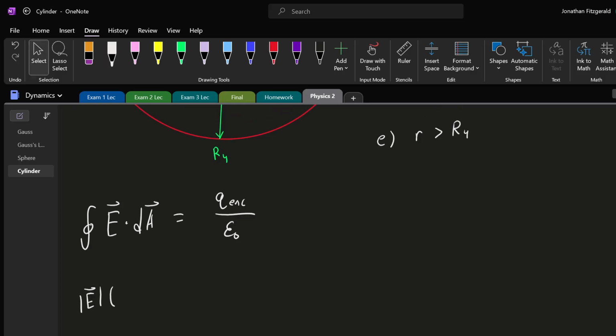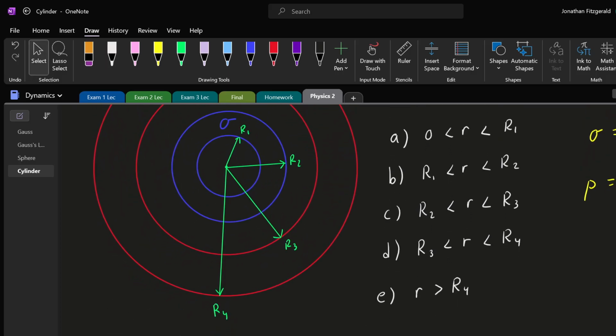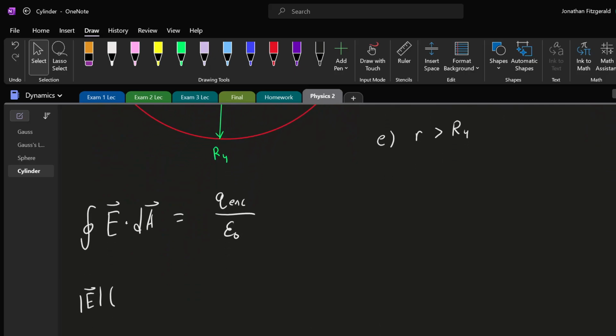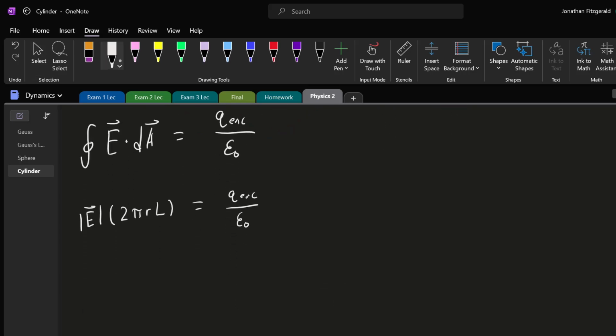In this case, we've got a cylinder, so we're just going to do perimeter of a circle times length, so that gives us 2 pi r L, still equal to Q enclosed over epsilon naught. Then finally, the formula we're going to use for the whole problem: E equals Q enclosed over 2 pi r L epsilon naught.